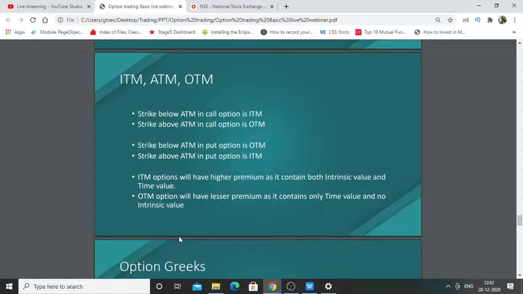In that case, you have to buy one put option on the lower side, which will hedge your position without making unlimited losses. For example, you are selling a 2000 put option, you can buy a 1900 put option, so that will limit your losses. I'll show you in a payoff graph in the future, after our session gets over.